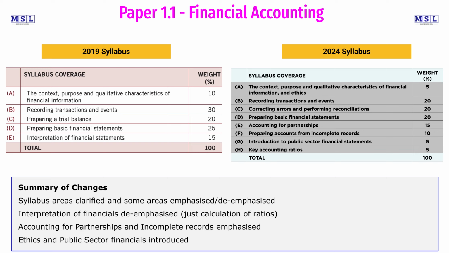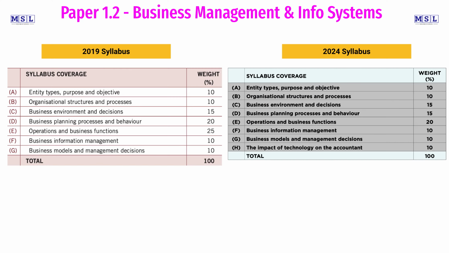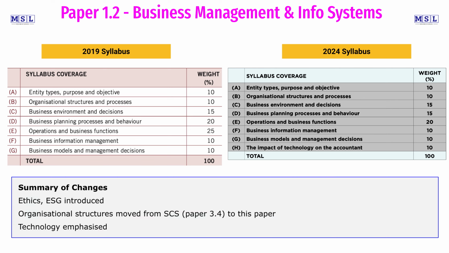Then we have what? Ethics, also introduced in syllabus area A. Candidates should start learning about ethics from level 1. I told you ethics is one of our key themes underpinning the current syllabus. Business management and information systems. Really not much is changing here. Ethics introduced. ESG, environmental, social, and governance introduced.